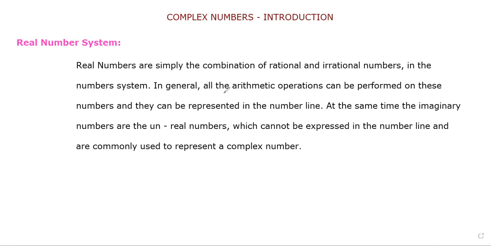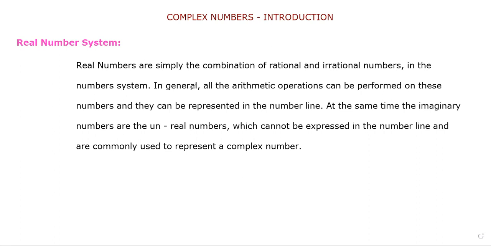Today we learn about complex numbers. Before learning about complex numbers, let's know what the real number system is. The real numbers are simply the combination of rational and irrational numbers in the number system.